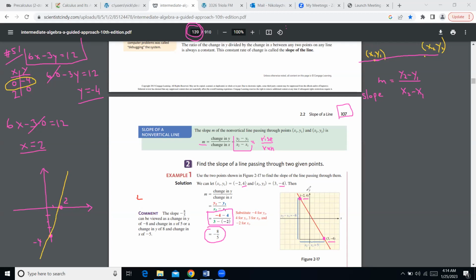And we can visualize why this is negative from the picture. People say this is a so-called falling line. If the line goes down, then the slope is negative. If you trace it from left to right, if you keep moving along the line left to right, the line keeps going down. And also you can see the so-called run and rise.